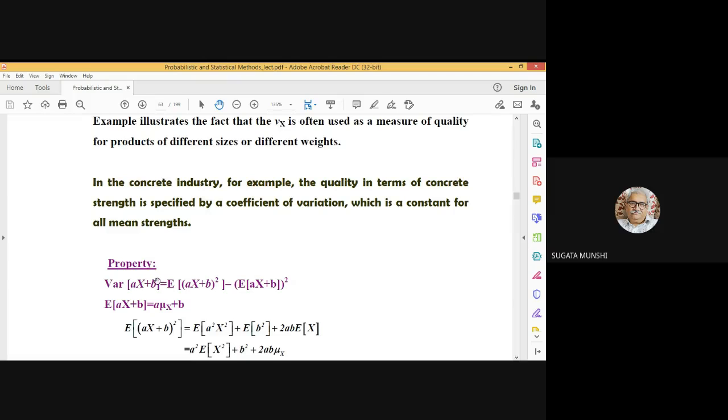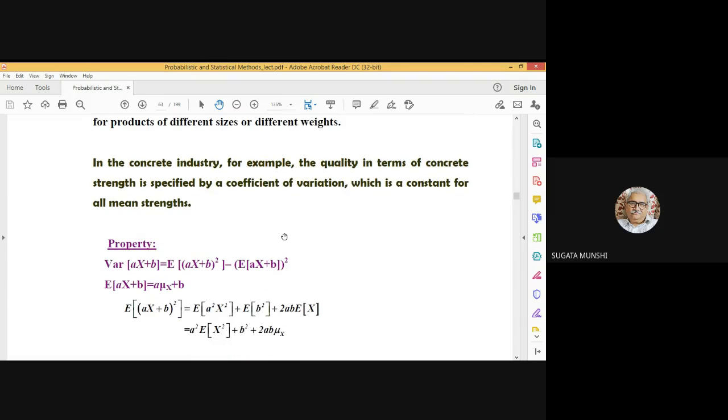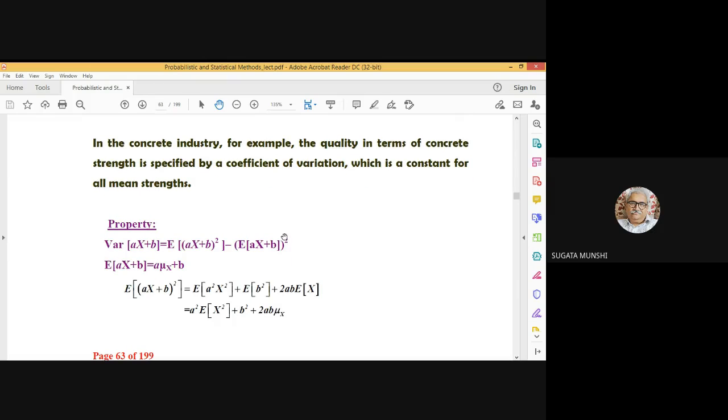How will the variance of ax plus b, the new random variable, be related to the variance of x? That is the question that has to be answered. So recall that variance is mean square value minus square of the mean value.